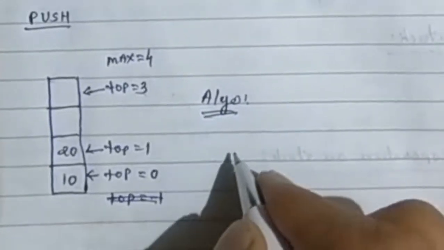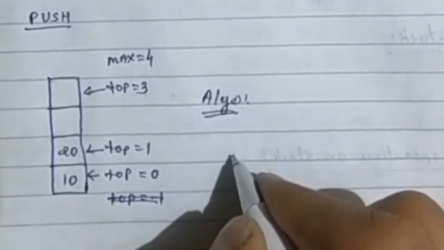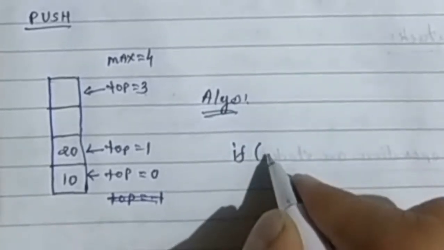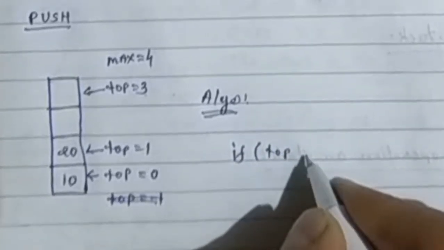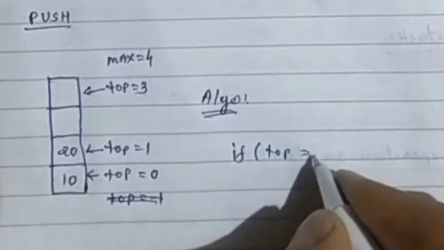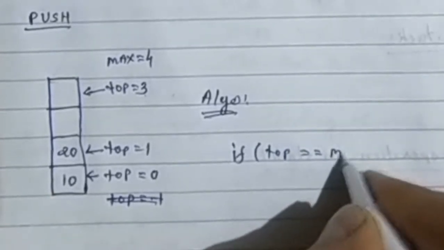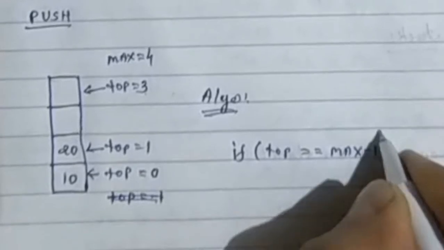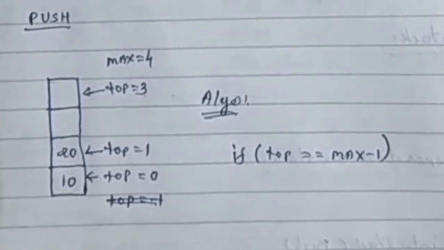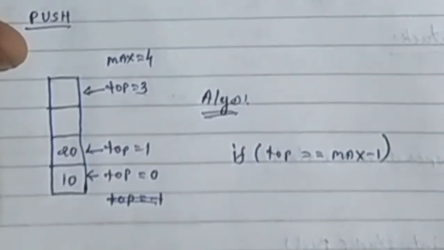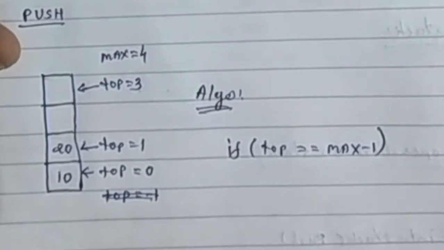So you can write down those steps over here. Check if stack is full. That means if top is equal to max minus 1, that means we are at the top of the stack.